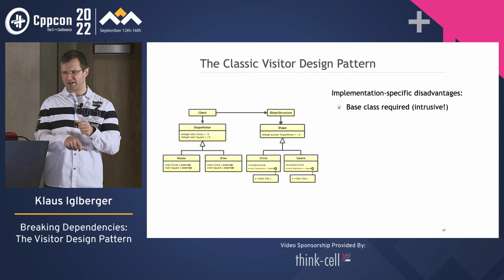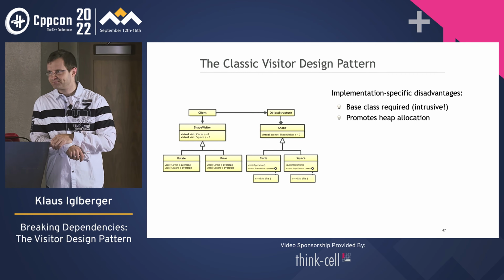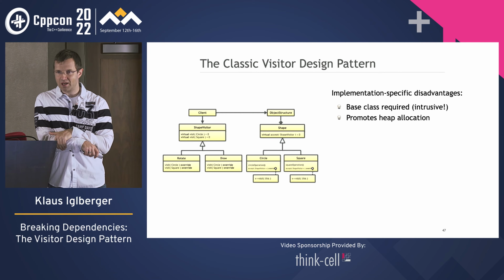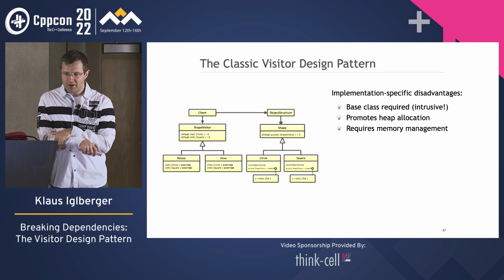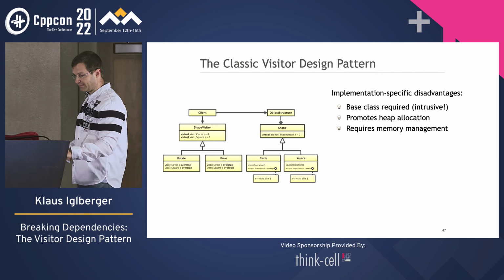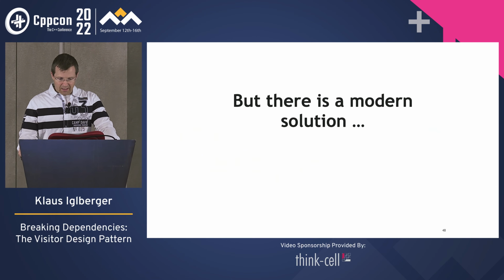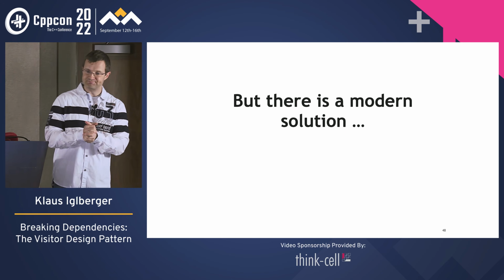Intrusive is never really great. This kind of style also promotes heap allocation. Strictly speaking, we do not have to allocate dynamically, but we usually do. And if we do, then of course we are required to manage the memory. That's the reason why I used unique pointers in the first place. So there's a couple of problems.